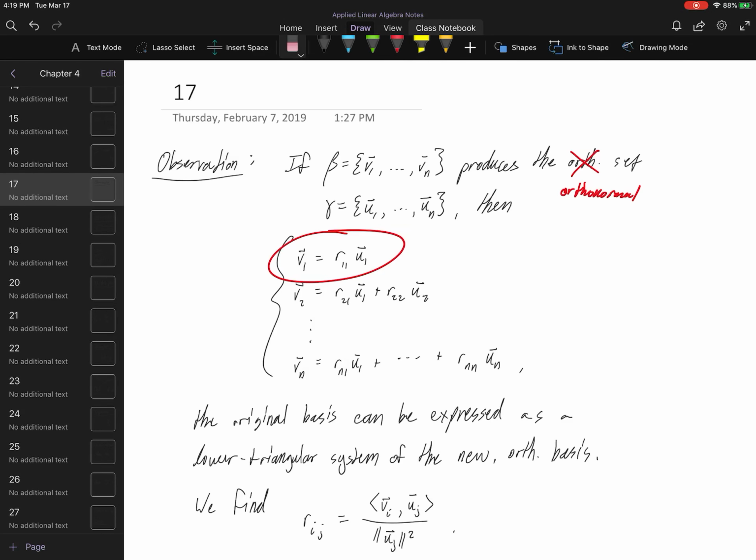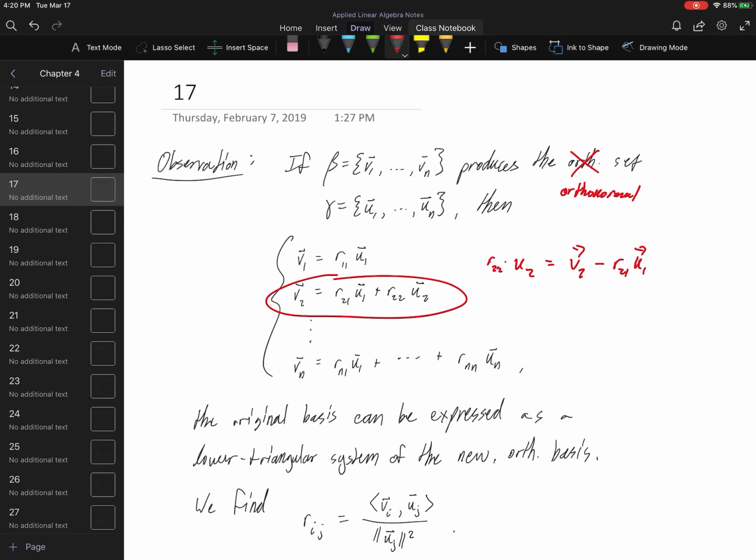So we're going to choose U1 accordingly with V1. And from there, we can rewrite V2 as a combination of U1 and U2. Okay, so U2 is by design, or some multiple thereof, the multiple R22.